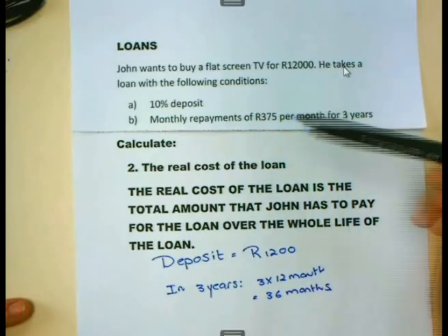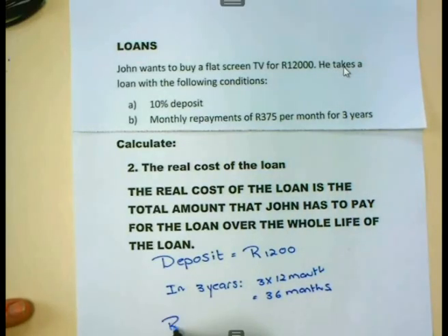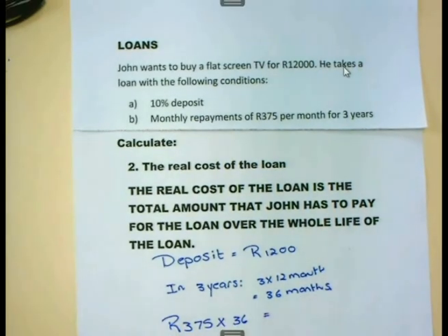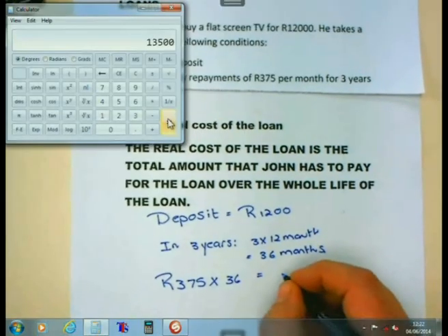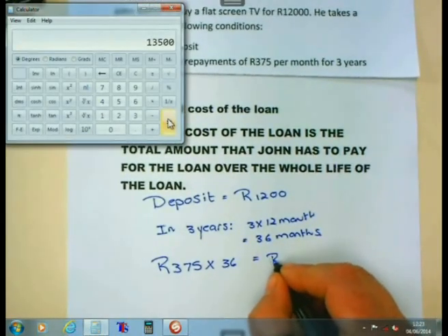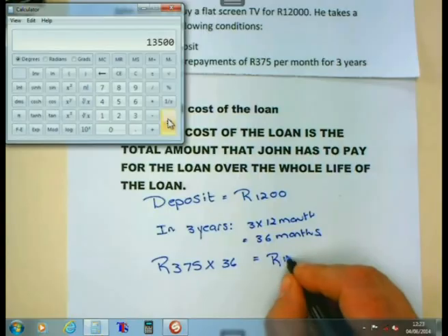If John is now going to pay 375 rand every month for 36 months, he will end up paying an amount of, okay, let's work that out on the calculator. 375 rand per month times 36 months means that in this period of 3 years, John will end up paying 13,500 rand.